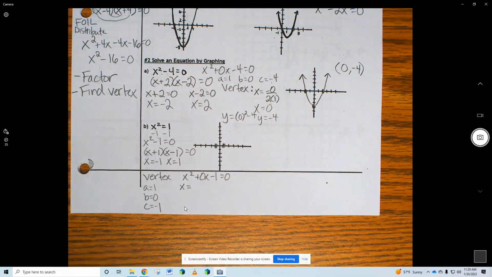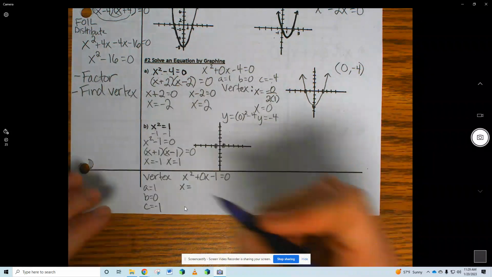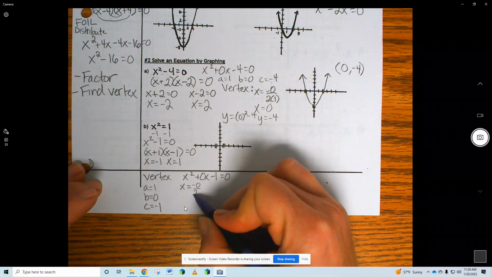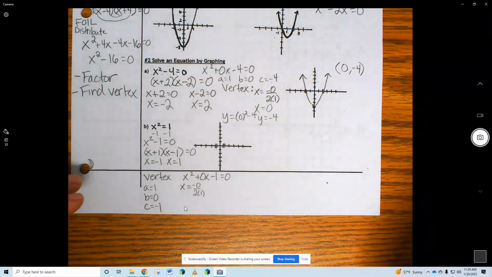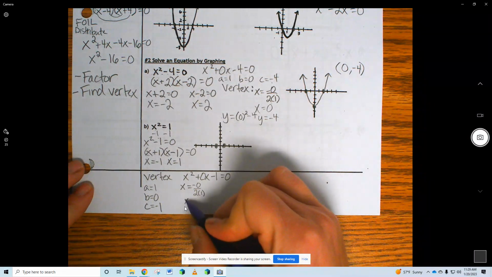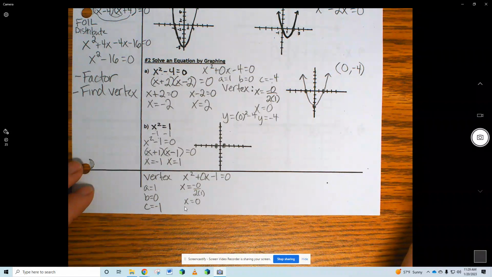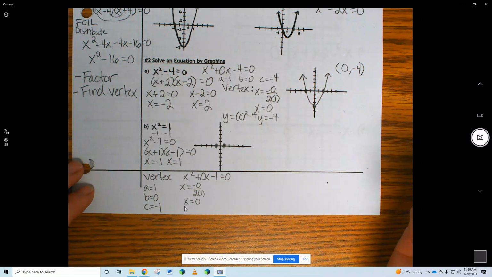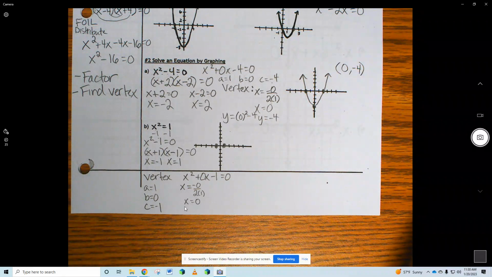So we've been doing vertex all week, so this won't be hard. -0 over 2 times 1. X equals 0. Right? 0 divided by 2, 0.